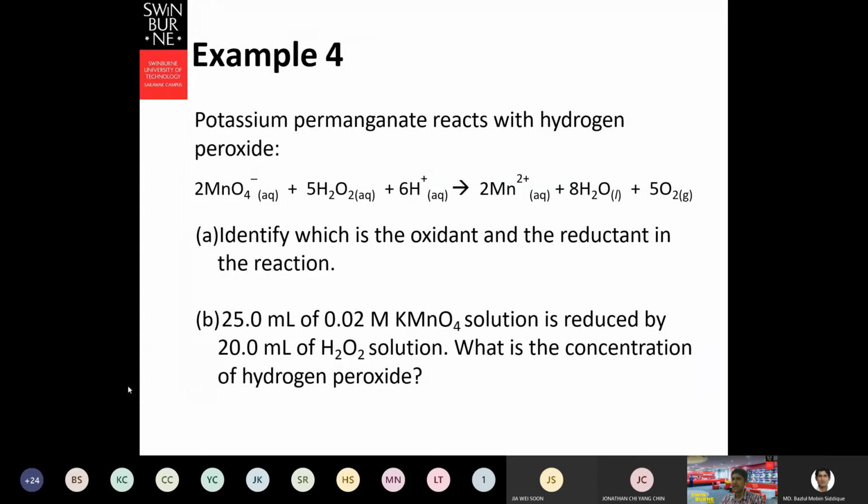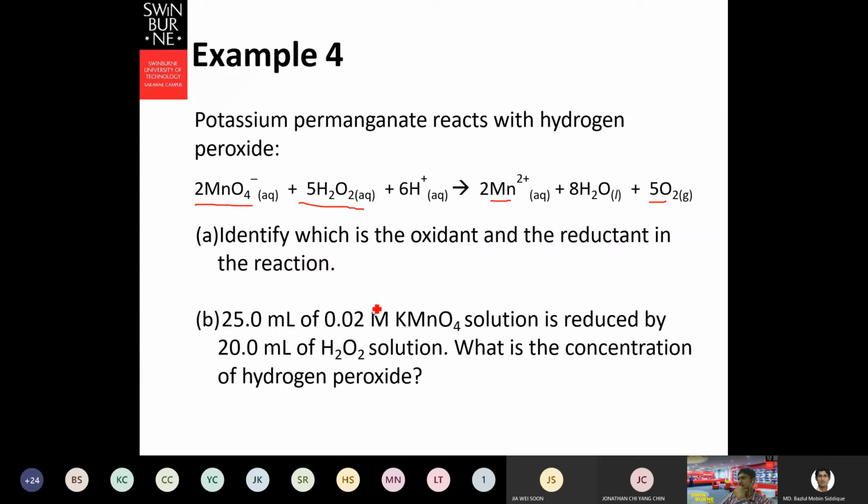For this case, another one says that potassium permanganate reacts with hydrogen peroxide to produce manganese and oxygen, right? Which one is the oxidant and the reductant in the reaction?